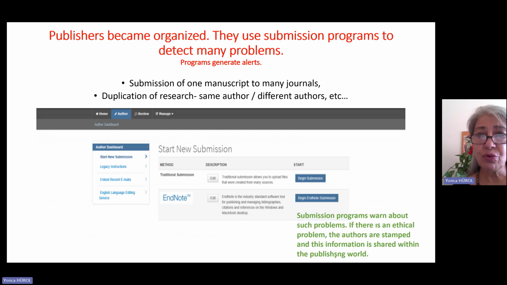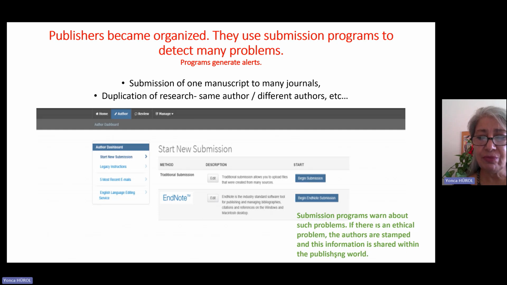So since the submission programs detect many of these problems, then if the program also shows this in all publishers' submission programs, this means that when you submit an article to a journal, and if you had a research integrity problem in the past and it was detected by the submission program, it is seen by all publishing companies, and the editors see a kind of red flag beside your name, so that they will reject your article without even checking what you have done. So the program also generates alerts.